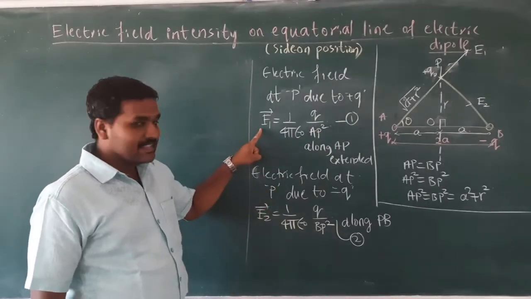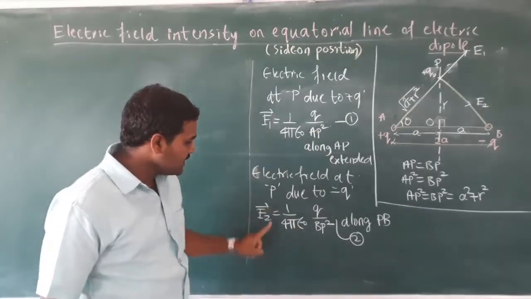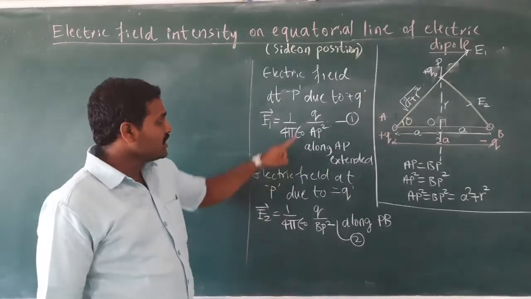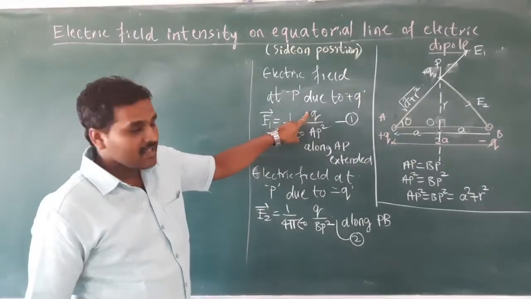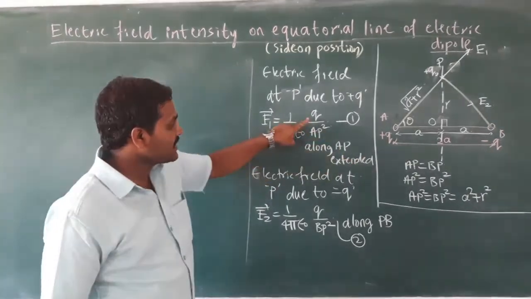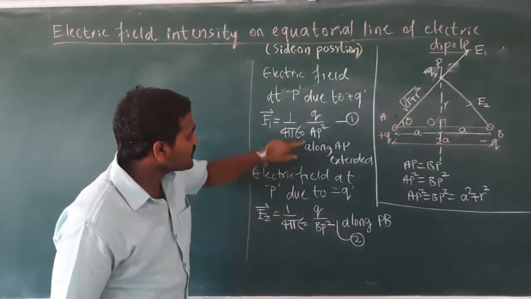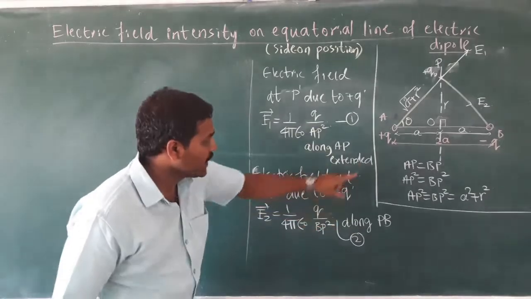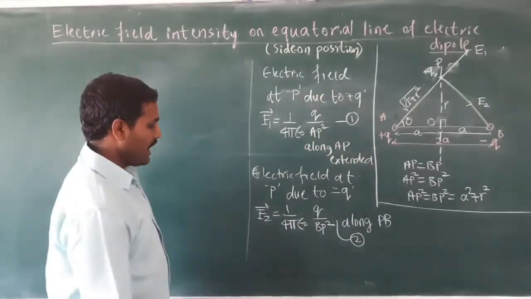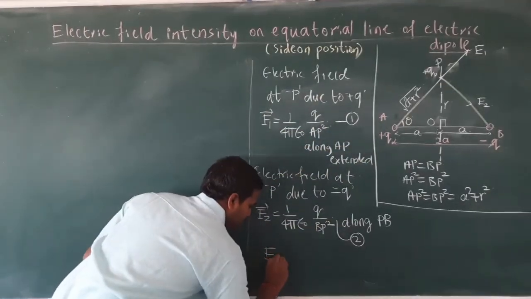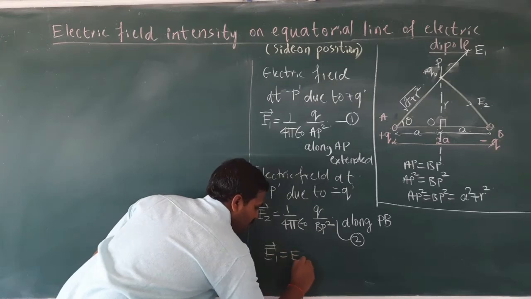You can clearly see that the magnitude of E1 is equal to E2 because both the charges are the same. Here it is an electric dipole, and hence the positive charge and negative charge have equal magnitudes, and also the distances AP square and BP square are the same, and hence I can write E1 is equal to E2.